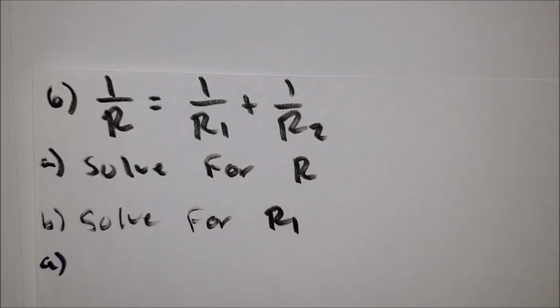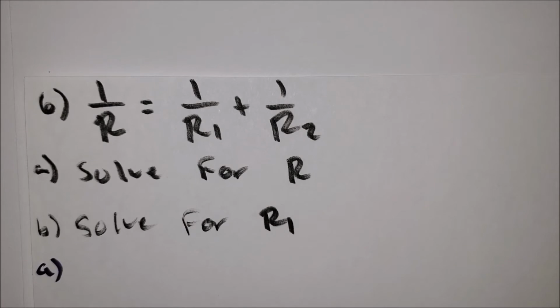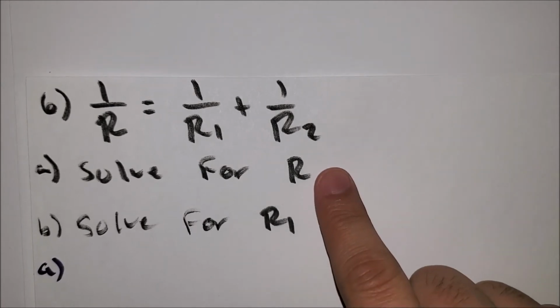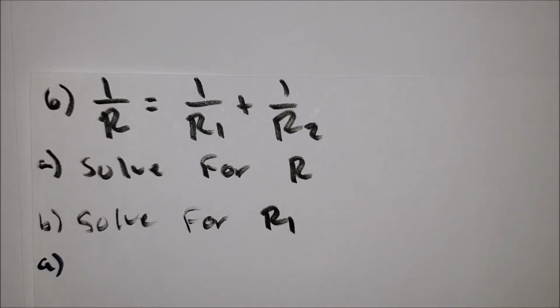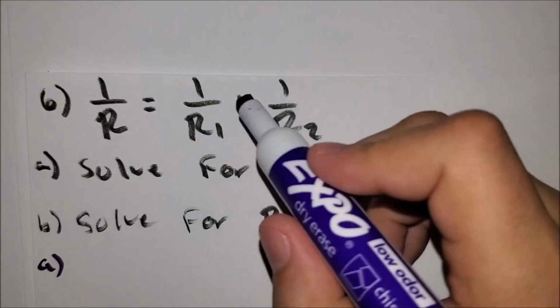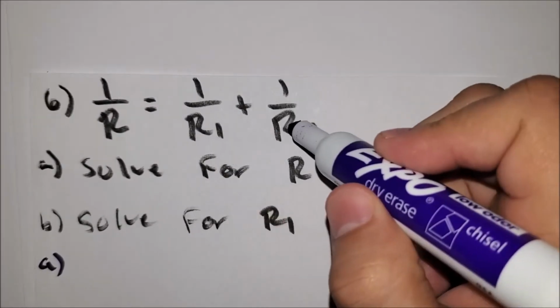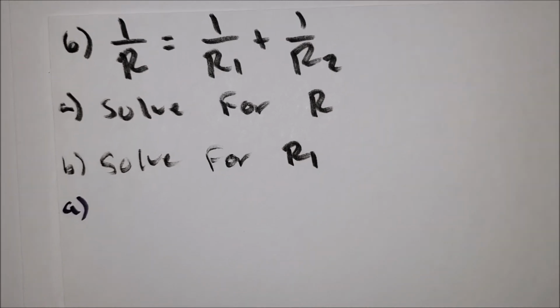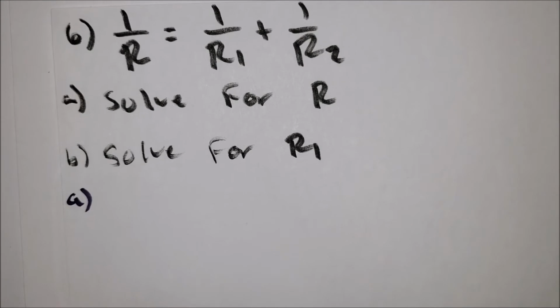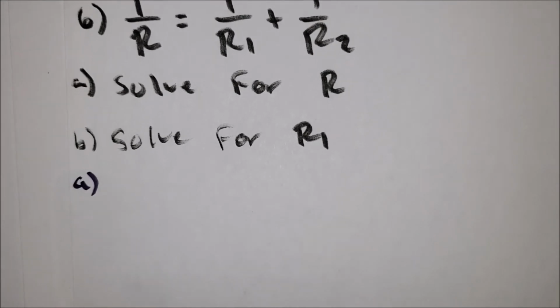So let's look at 1 over r equals 1 over r1 plus 1 over r2. First, we're going to solve for r, and then we're going to solve for r1. So let's start off by solving for r. The first thing we need to do is get these to have a least common denominator, since we're adding fractions, they have to have the least common denominator to be able to be added.